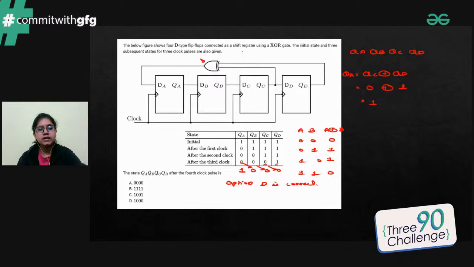You should be clear about how the right shift is performed. Whenever the input is given here, all the rest of the outputs are shifted, like we did here. So I hope this is clear. Let's move on to the next question now.